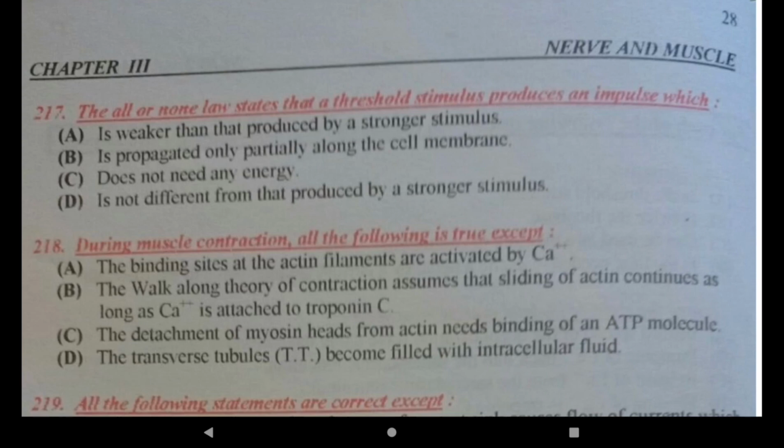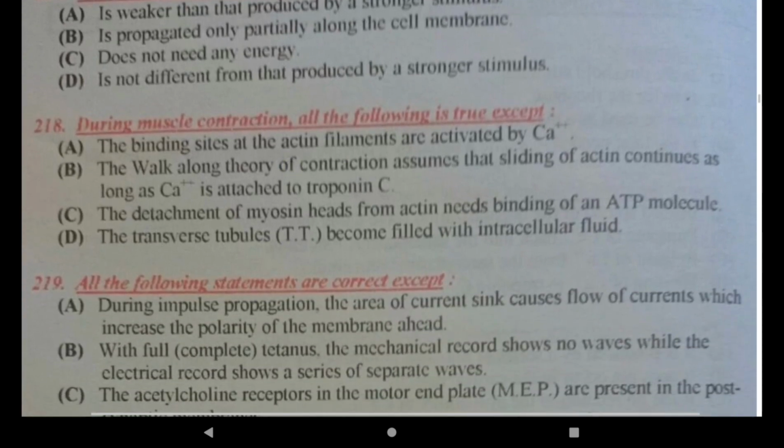Now, we can go ahead and look at the next question. It says, during muscle contraction, all the following is true except A. The binding sites of actin filaments are activated by calcium ions.